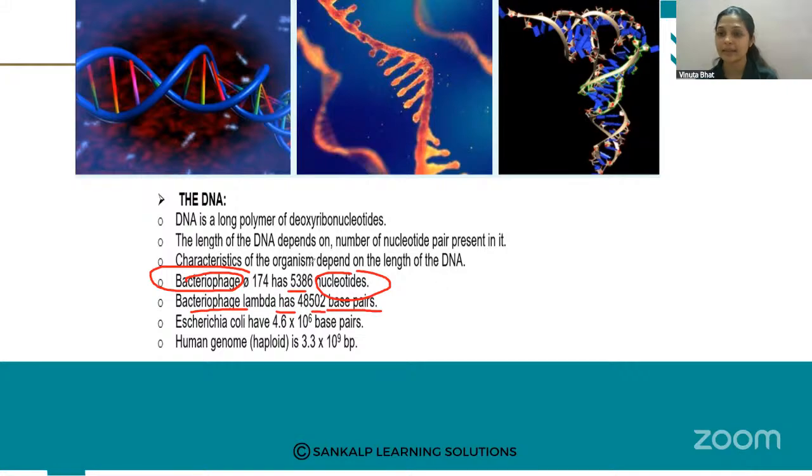That is the length of the DNA in this bacteriophage, a virus. E. coli bacteria have 4.6 into 10 raised to 6 base pairs, and the human haploid genome has 3.3 into 10 raised to 9 base pairs. This is some basic information about the DNA.